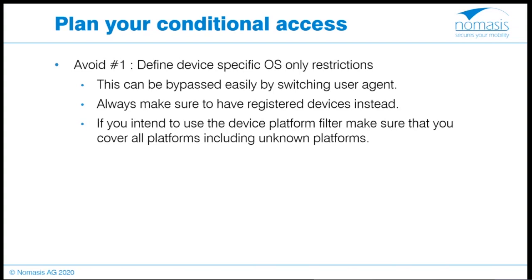You should not only rely on that, because it can easily be bypassed by, for example, switching the user agent. So we should always make sure that we apply those policies for registered devices and check if they are compliant or not, instead of just the user agent. And also, if you want to use those device platform filters, make sure that you also include unknown platforms. So make sure to do some whitelisting and not blacklisting.